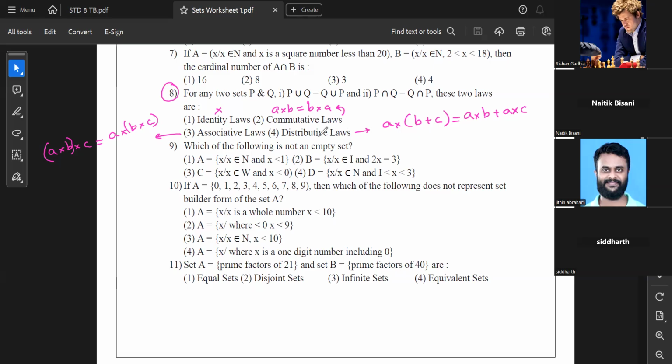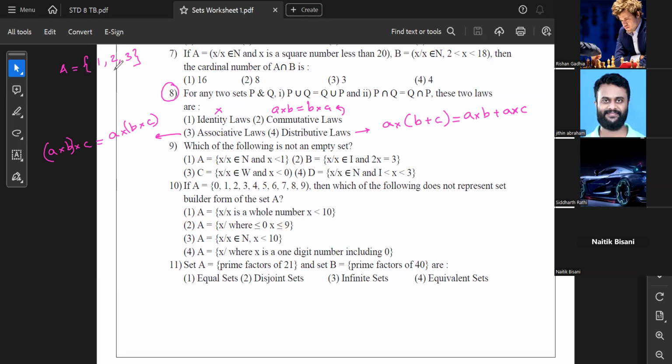Sir, identity law? I didn't understand what is identity law. Identity law means, for example, I'm saying that A is 1, 2, 3, and I'm also saying that A is X, where X is a natural number and X is less than 4.